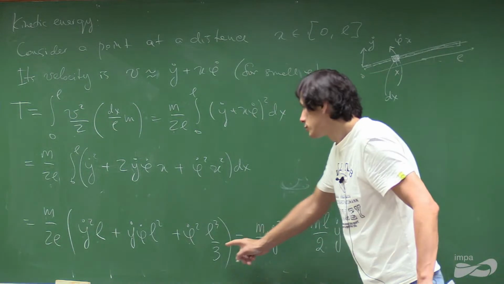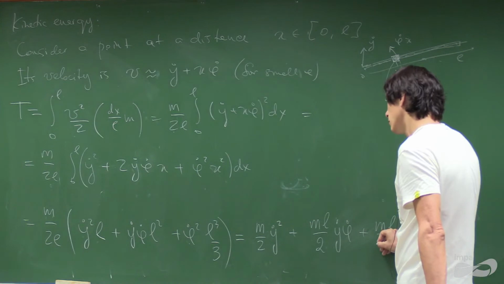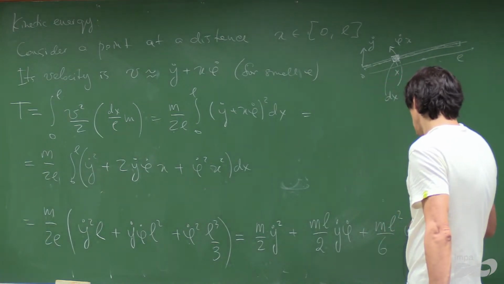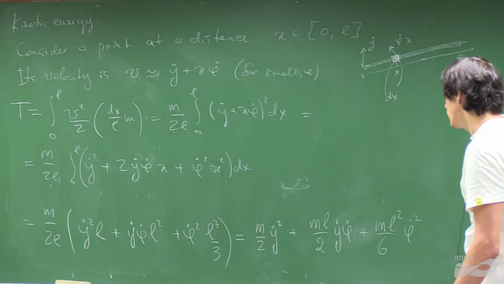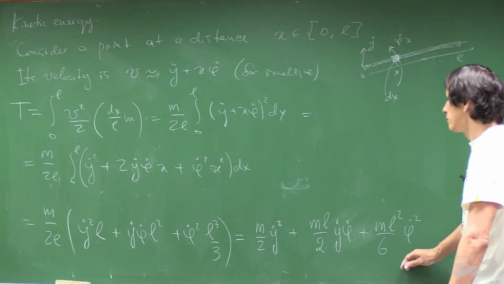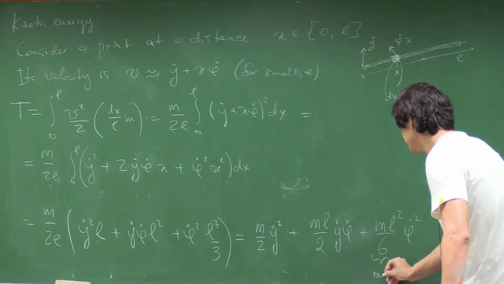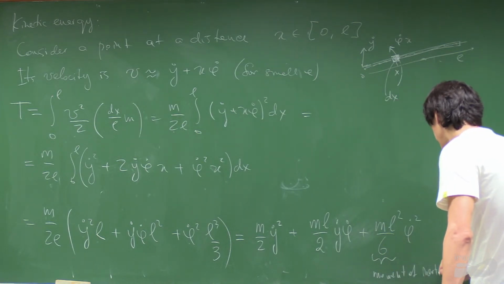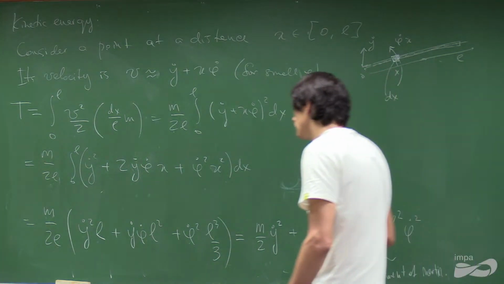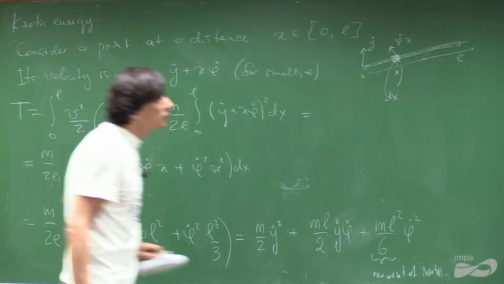And then there will be this term: m L squared over 6 phi dot squared. As I said, this expression can be obtained directly from the rigid body theory, where you will recognize the moment of inertia. But anyway, we can do it directly. So we found the kinetic energy of the system in motion.